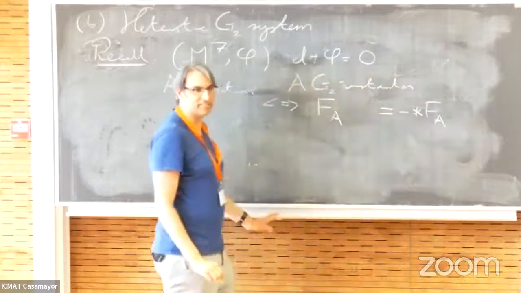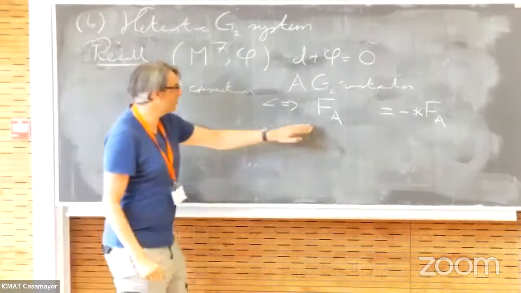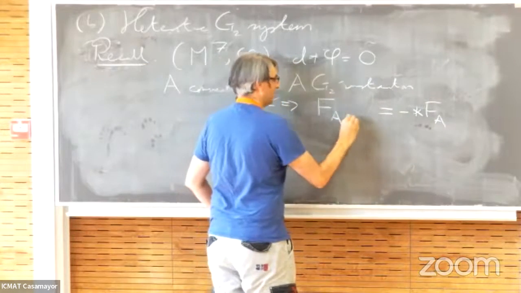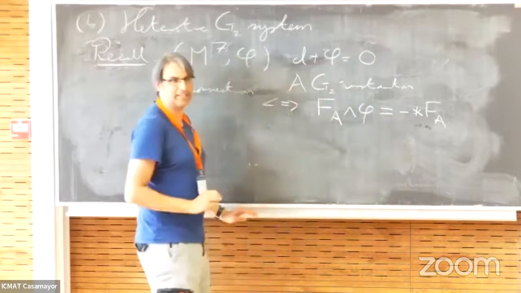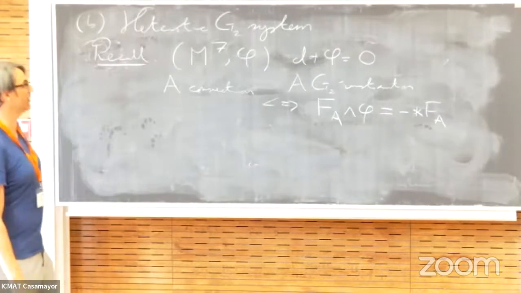It's kind of an ASD instanton. Of course, that equation does not make sense because this is a 2-form and this is a 5-form, so there's no chance it's going to be true. But 5 minus 2 is 3, so I can put phi in there, and it works. Okay. So that's the G2 instanton condition.